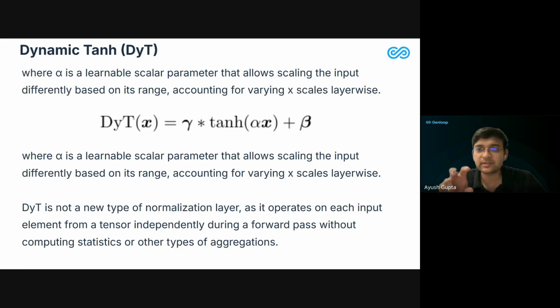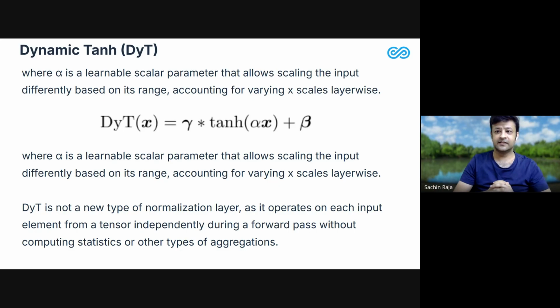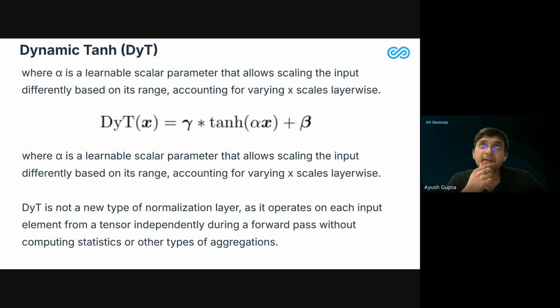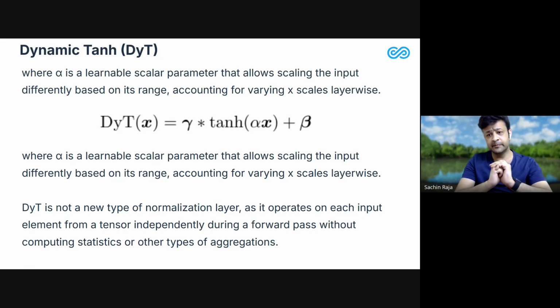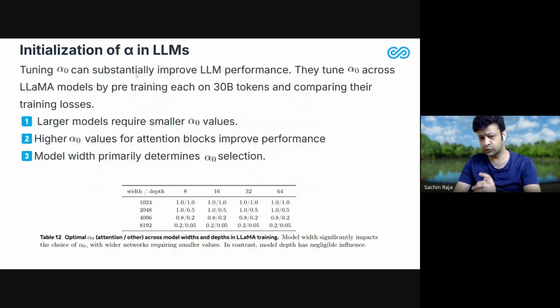So maybe, as Sachin, you were saying, bring the focus on important features more and remove the noise, or basically filter out the noise. That is exactly what it is doing, in my view. And that is possibly why it is leading to a slight improvement in performance also, because the normal layer norm function will not be getting other activations to zero.